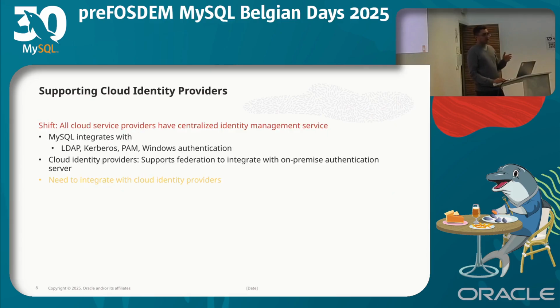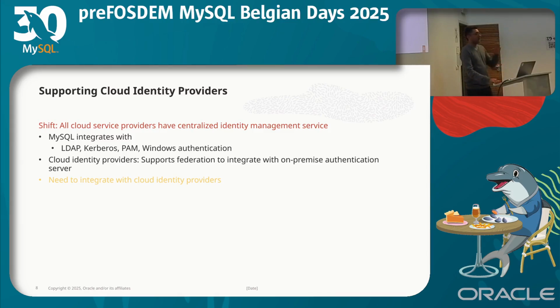The second thing in the authentication area that we did is that we identified that all cloud service providers have a centralized identity management service. Potentially, this service can also interface with your on-premise authentication server and can help you not shift everything to the cloud, but interface with your on-premise server and use whatever you were using.